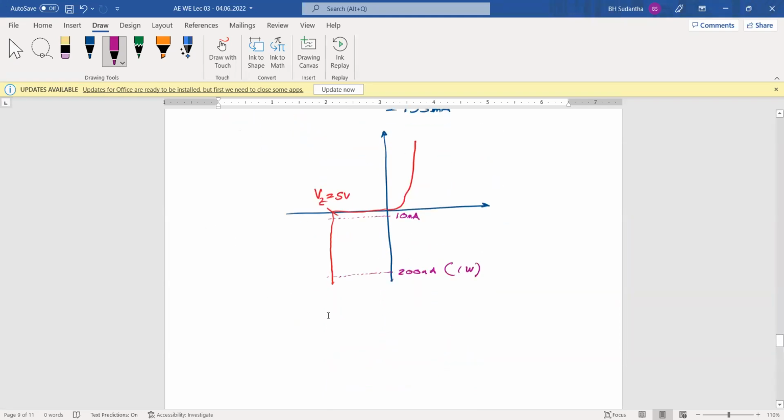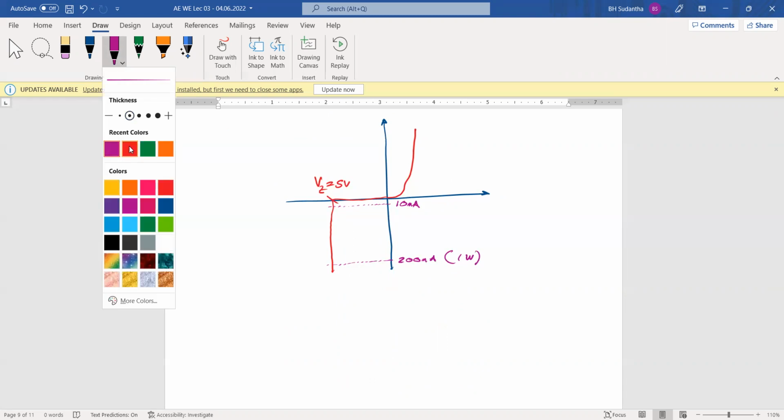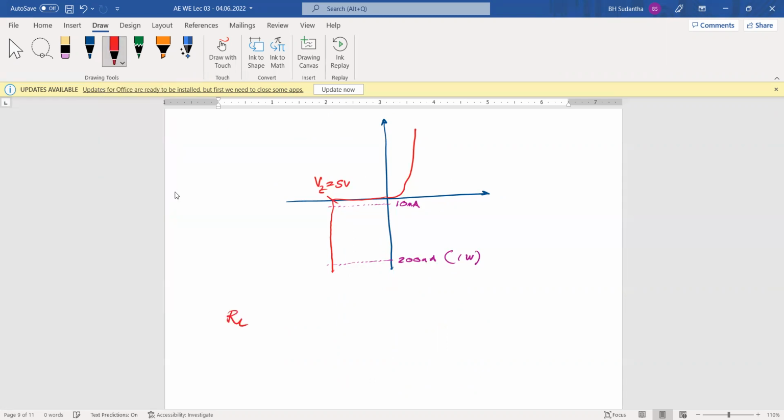Then how can they regulate this? When the load is varying, RL can be varied. If RL is increased, then as a result, IL will be decreased.